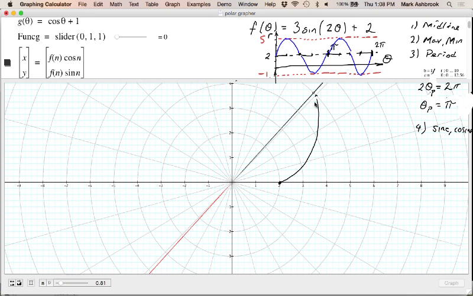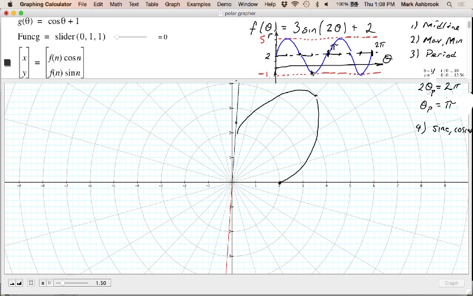So back to something like that. Okay, then from pi over 2 to 3 pi over 4, what's going to happen?